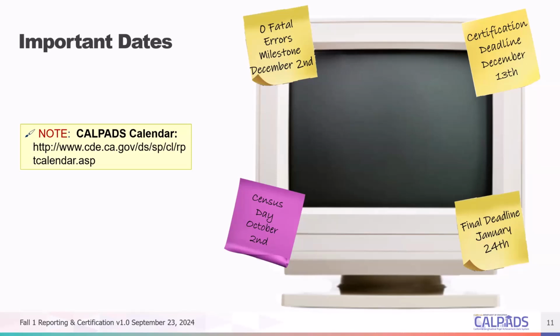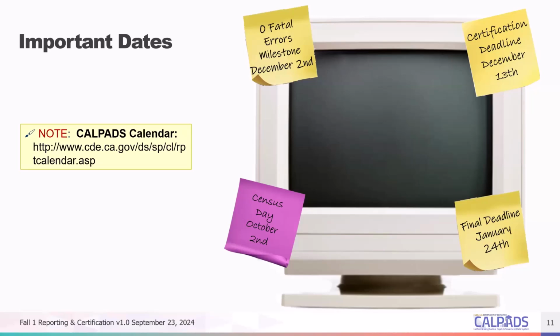Students come and go. You might have a greater enrollment in December than you did on October 2nd, but we're only looking at the enrollment counts, the program participation of your students, and the English language acquisition status on October 2nd.